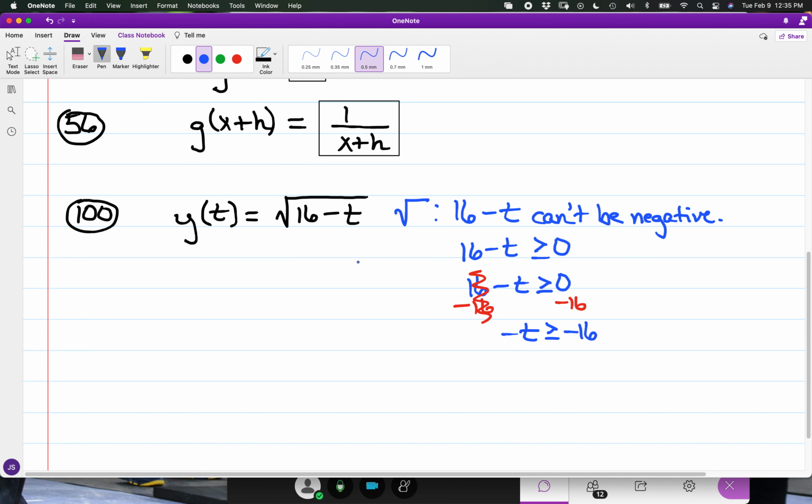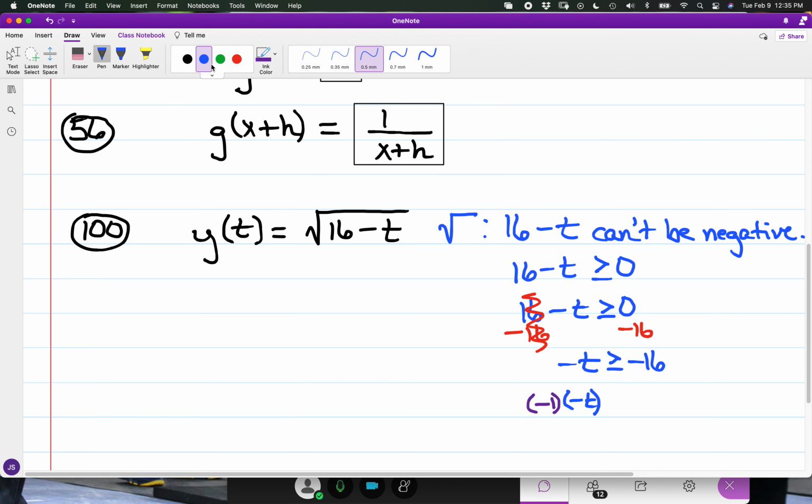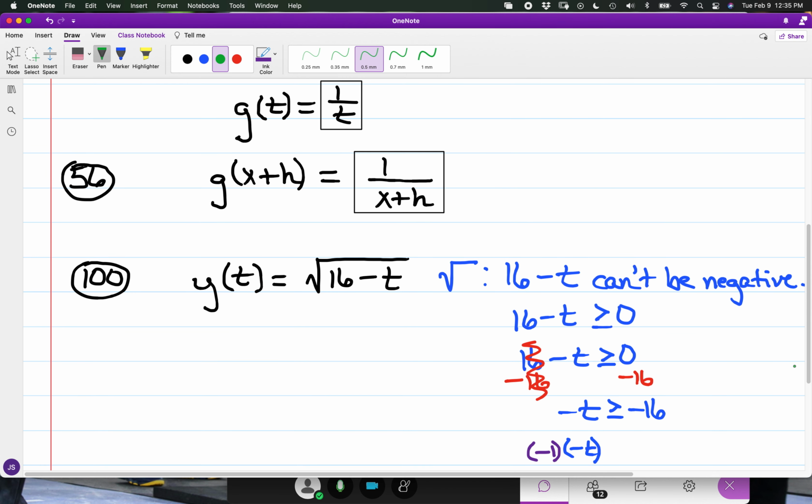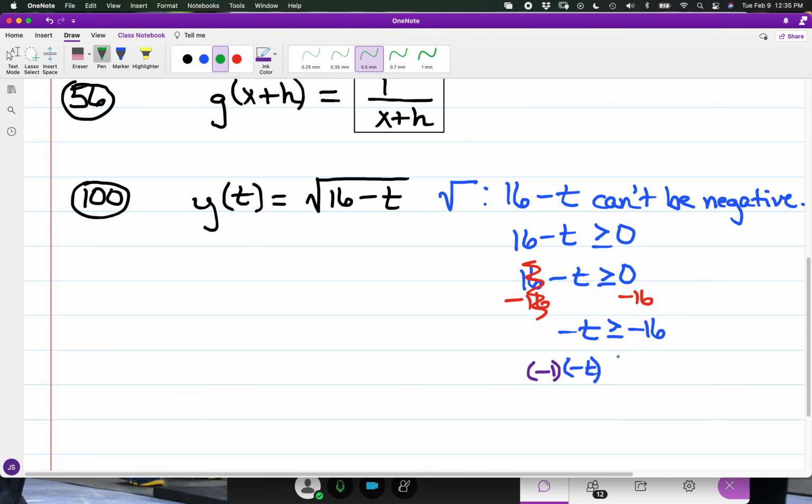And if I change the signs at both ends, so if I multiply or divide by negative 1, negative 1 times negative t, we're going to switch over from greater than or equal to, to less than or equal to.